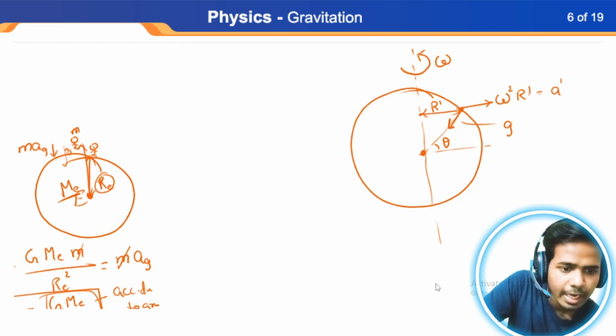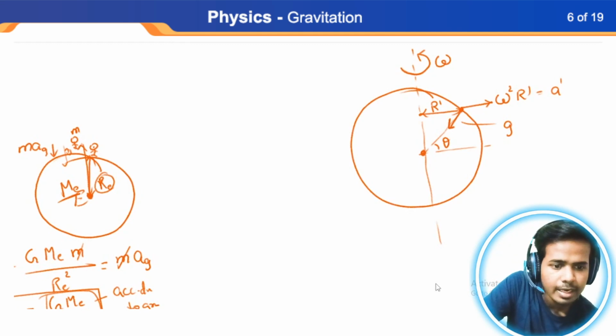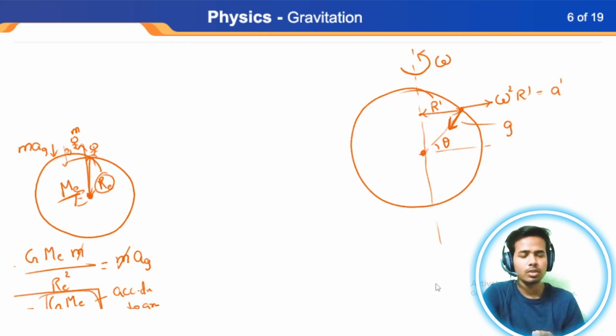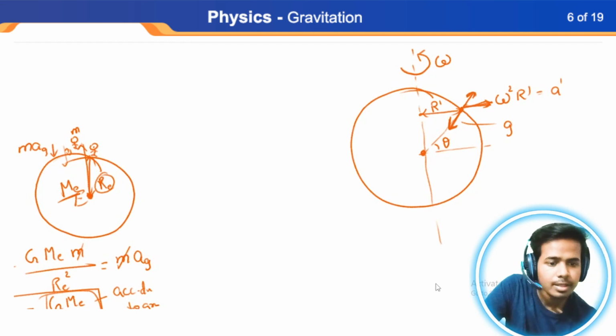Now this person will actually experience, see, the gravitational force acting downwards. The acceleration due to gravity is always experienced towards the center of the earth, right? So what you have to do is take the component of this horizontal force in this direction, so that you can subtract it from this part.